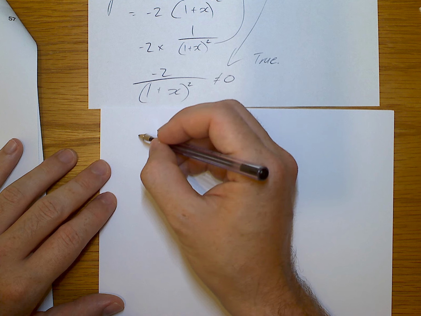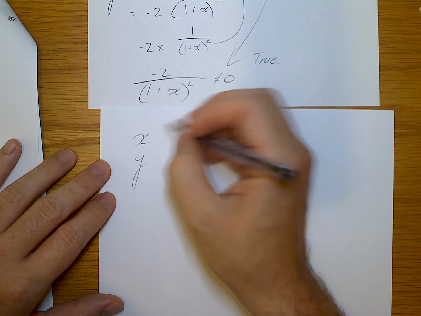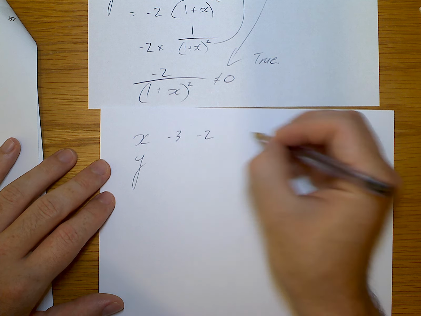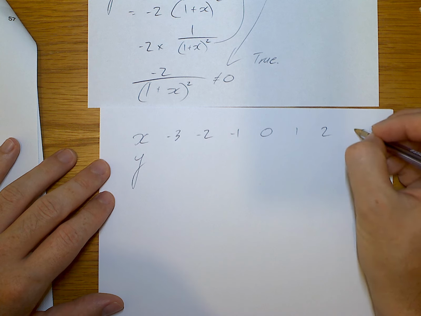So I'm going to say x, and my y's, I'm going to start with negative 3, negative 2, can't be negative 1, that can't work, 0, 1, 2, and 3.